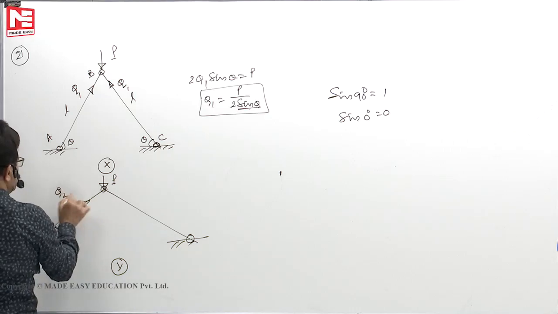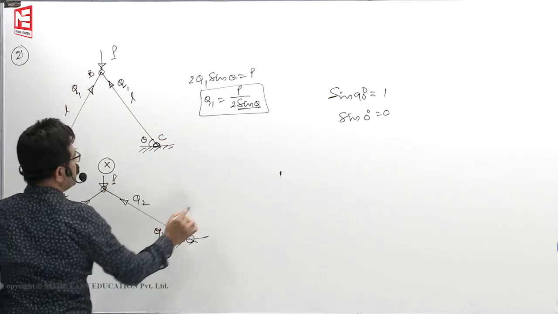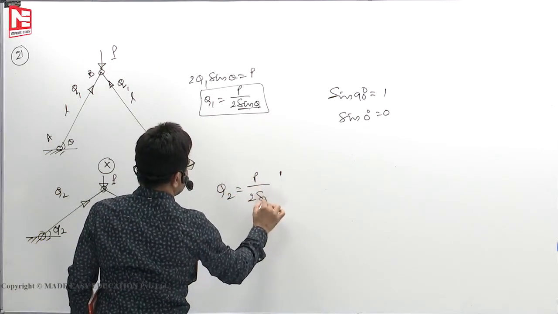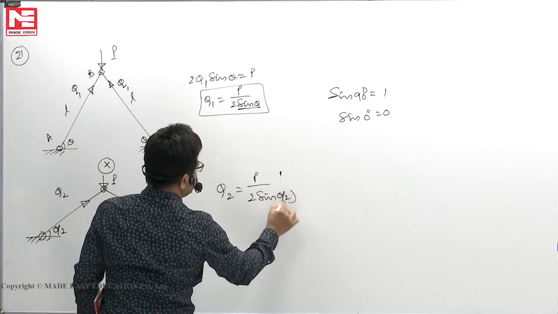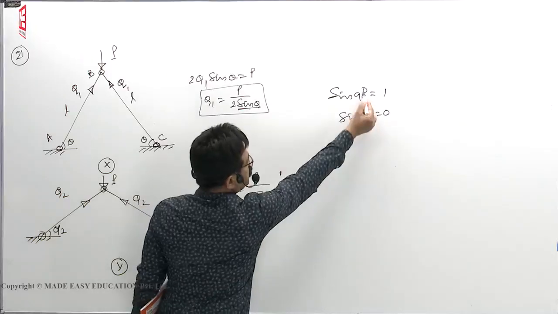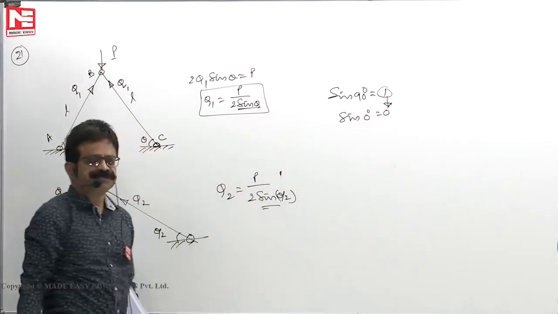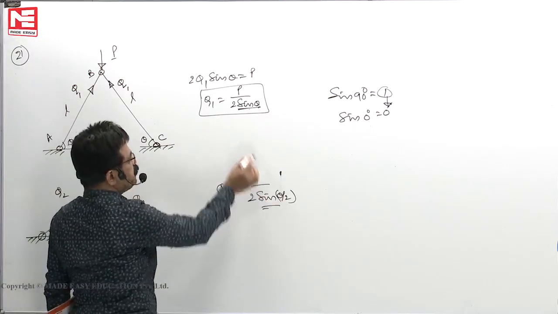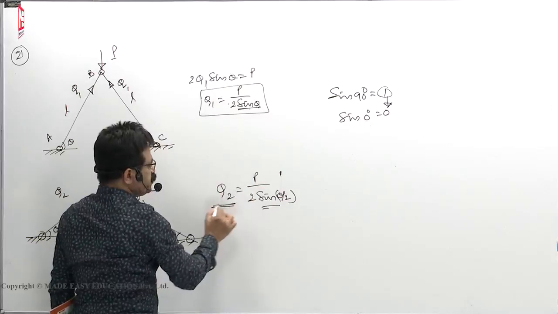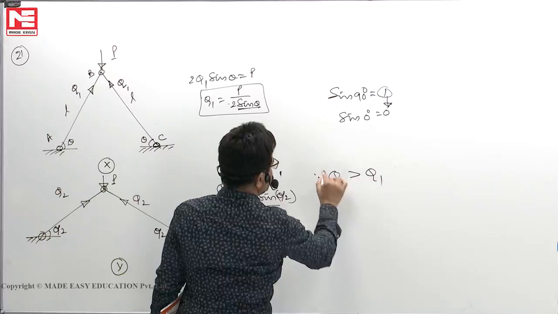Now this is force Q2, let us say. Same force will be there. Q2 you will get as P by 2 sin theta by 2. As theta by 2 decreases, its sin value also decreases from 1 to 0. That means this value compared to this value is less. If this is less, Q2 is more. So we can say that Q2 is greater than Q1.